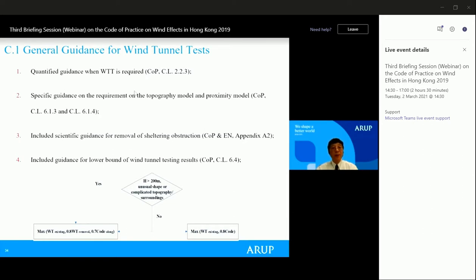Then there is specific guidance on the requirements for the topographic model and the proximity model, under clauses 6.1.3 and 6.1.4. After that, in Appendix A2 of the code of practice, you can find specific guidelines on the removal of sheltering obstructions. And last but not least, the lower bound guidance is also given in clause 6.4.